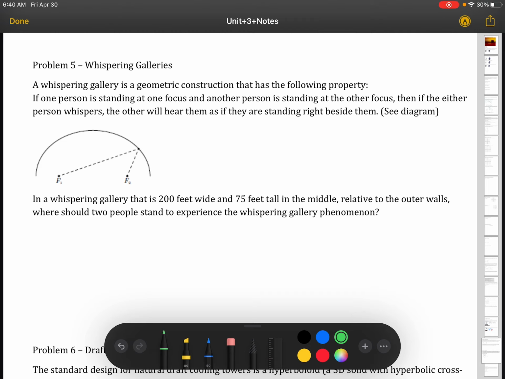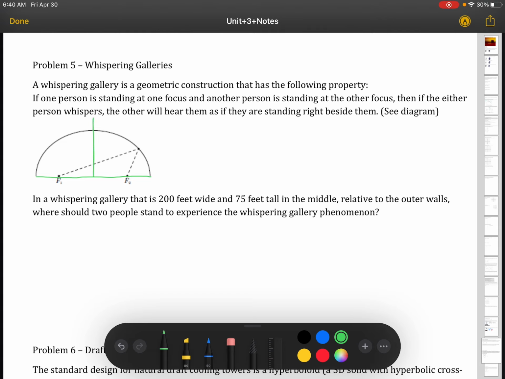So what we have to do is determine where the two people should stand to experience the whispering gallery phenomenon. And we know that the gallery is 200 feet wide and 75 feet tall in the middle. So we're just going to put this on the x-axis and have it bisected by the y-axis.